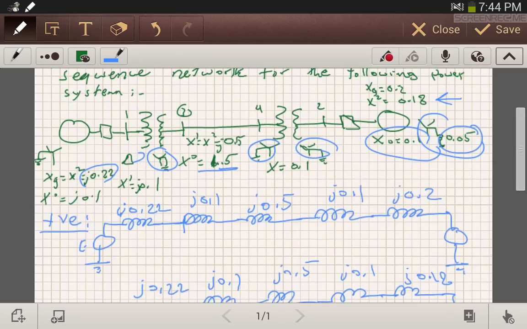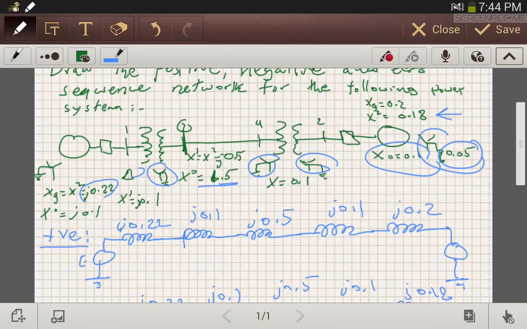So bus number 3 is here, so there is a fault here, so we need to find the generator's current, which is the generator number 2 current and generator number 1 current.